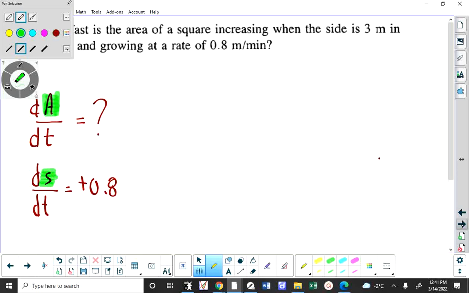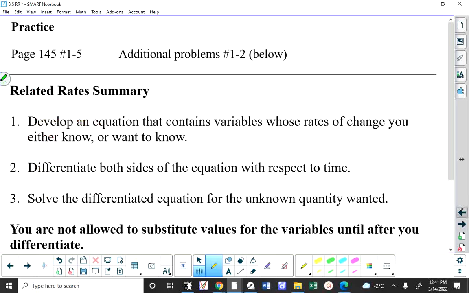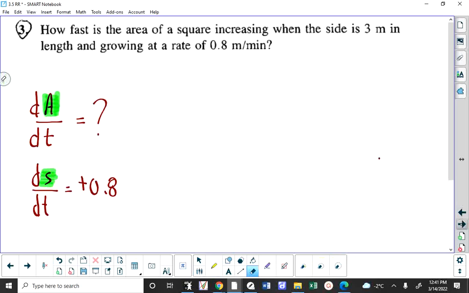These are variables whose rates of change we care about. So the first step, if you take a look at my summary here, is what's an equation relating those variables? Well, the area of the square is s squared. That's how you find the area of a square.